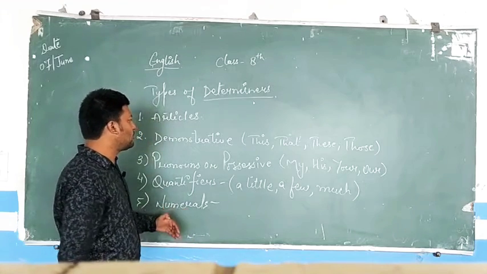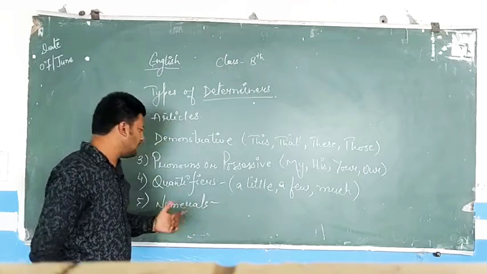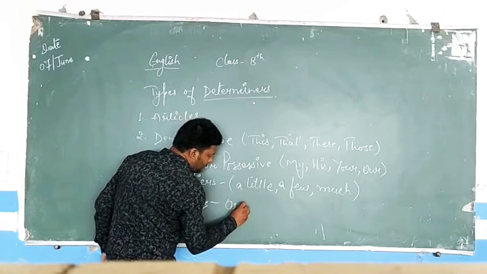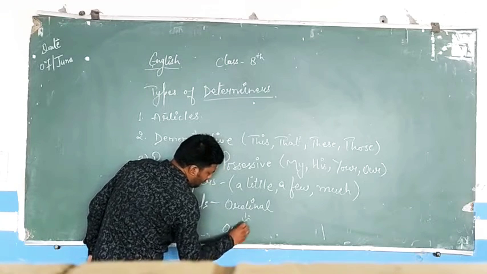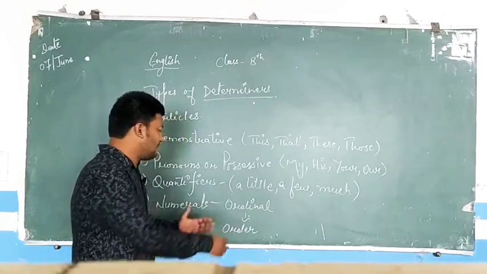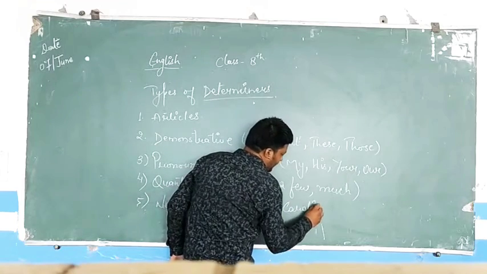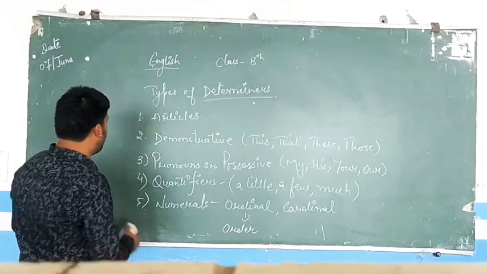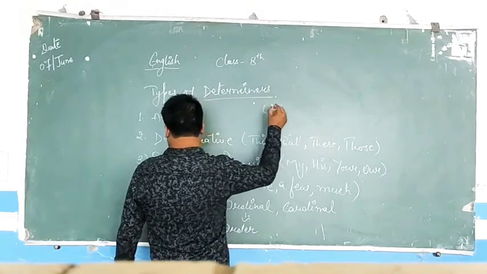It contains two parts, as article contains two parts, definite and indefinite. Numerals contain two parts. First one is ordinal. Ordinal means which is in order. By order, I mean in a sequence. Another one is cardinal. And then comes the last one, which is distributive.